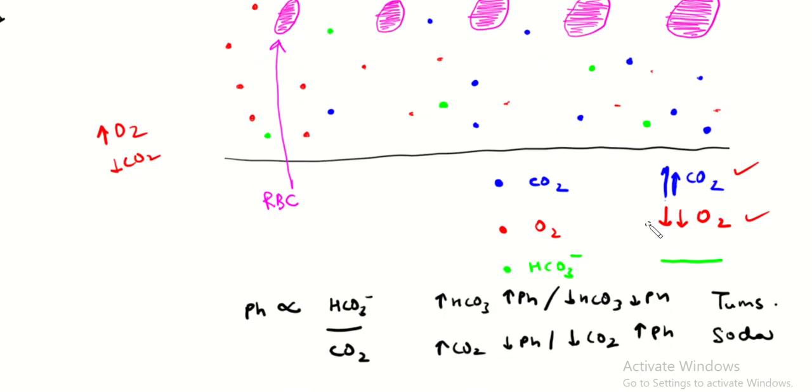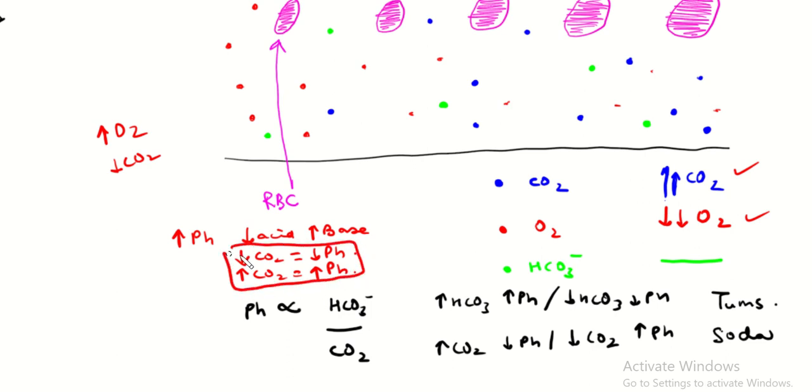Okay? Now, remember pH. Remember high pH? So what that means is less acid, right? Less acid or more base, right? Now, if you have less CO2, it gives you what? Less pH. More CO2 gives you more pH. Okay?